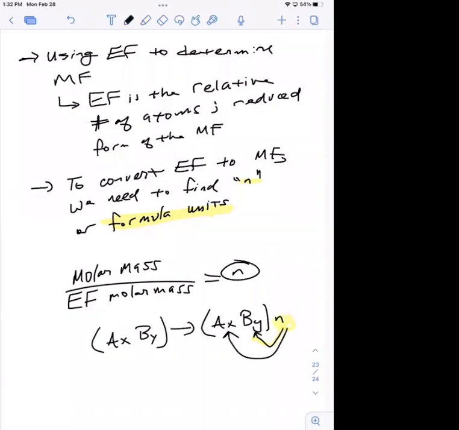But I have to find it first. So this is my empirical formula, and when I find N and distribute it, this becomes my molecular formula. So N is findable. Empirical formula is findable. Either we're going to have masses or percent composition, so we can find the empirical formula.